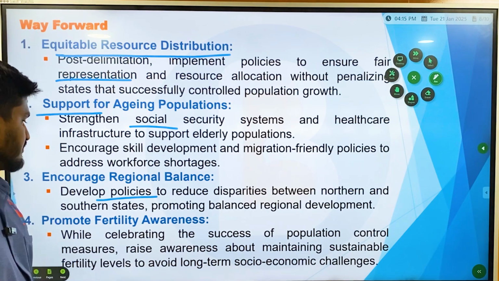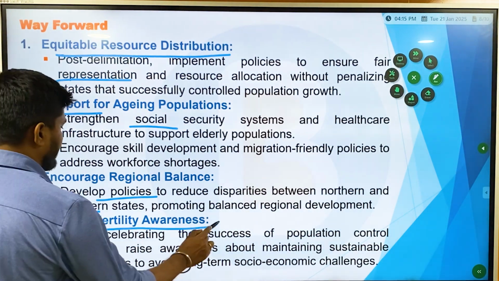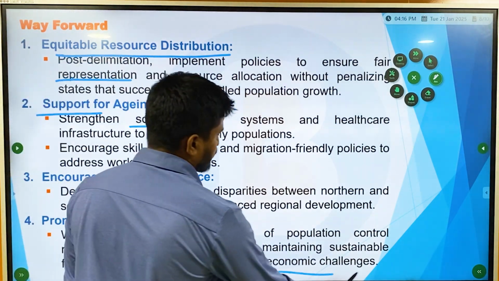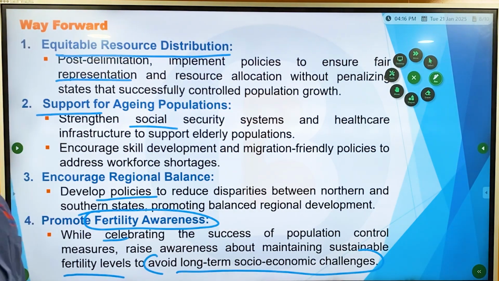And finally, promoting fertility awareness, that is while celebrating the success of population control measures, you should also raise awareness about maintaining sustainable fertility levels to avoid long-term socio-economic challenges.